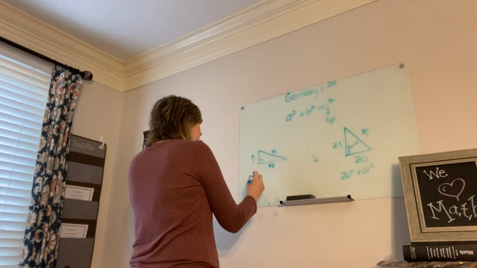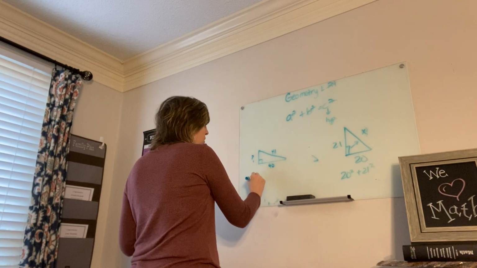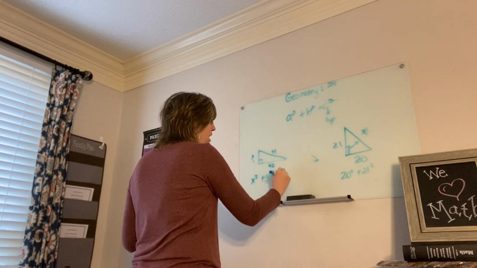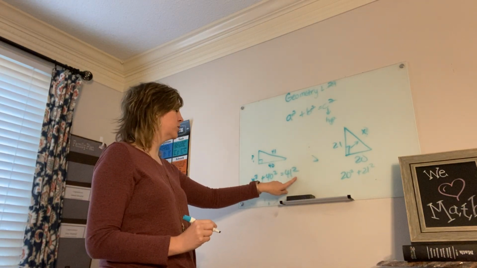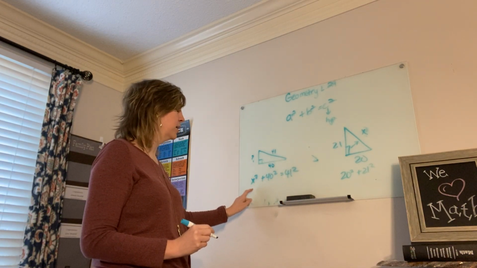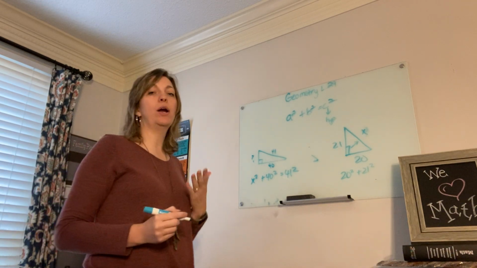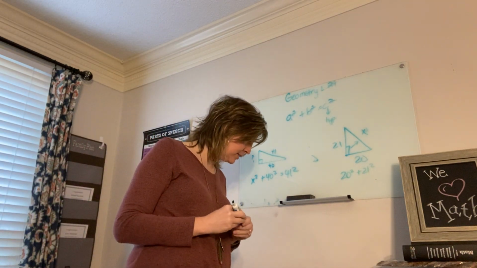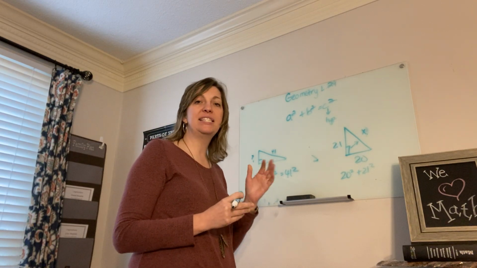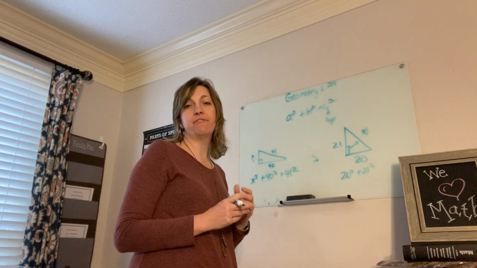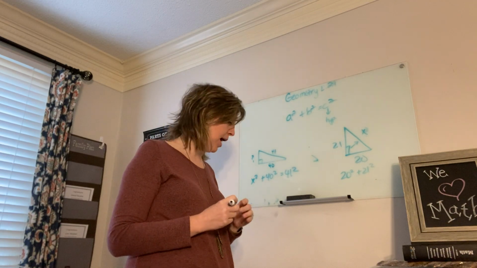It wants to know this. So you would actually say x squared plus 40 squared equals 41 squared. When you're solving this one, you're going to take 41 squared and subtract 40 squared to get x squared, and then square root your answer to find out what x is. Now, if it's not an exact number, you're going to have to round that or leave it in radical form.